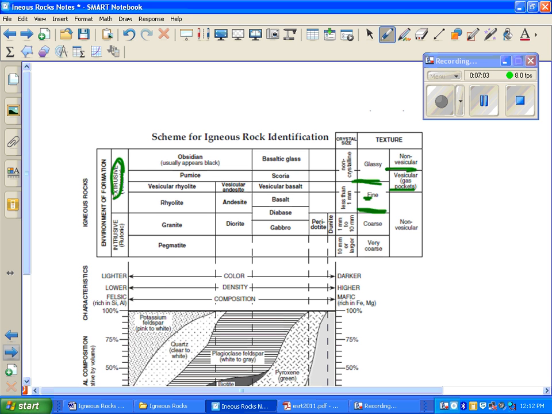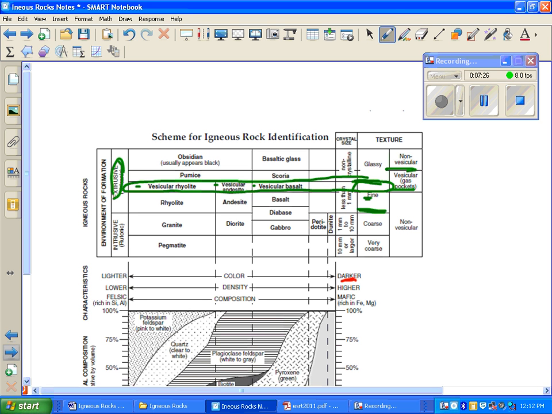Where they overlap, this fine and vesicular is only in this range. So now I've narrowed it down to these rocks. Vesicular rhyolite, vesicular andesite, or vesicular basalt. Our other thing is it said that it was dark colored. Dark color is over here on the right.